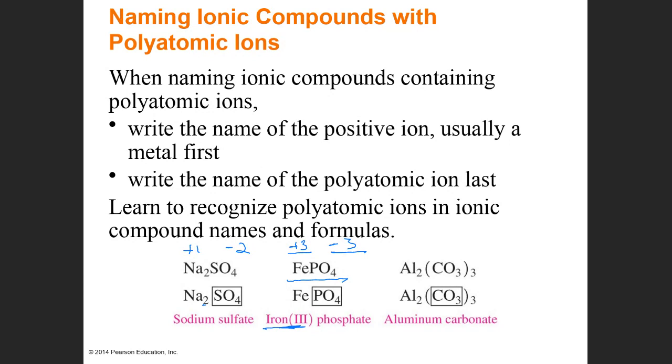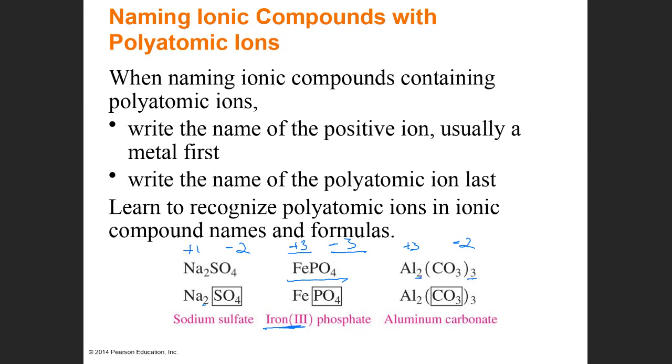Now the aluminum carbonate, aluminum is again +3. Carbonate is -2. So now I do the crisscross, and it ends up being a 2-to-3 ratio.